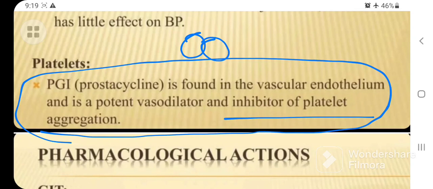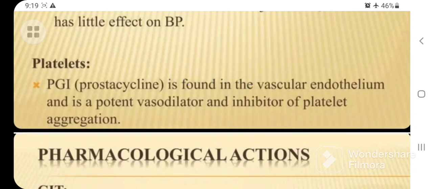Aggregation means clumping. If clumping of platelets occurs, that leads to clotting. If clotting occurs inside the human body, it leads to heart diseases or other diseases. Why? Because of the aggregation of platelets.